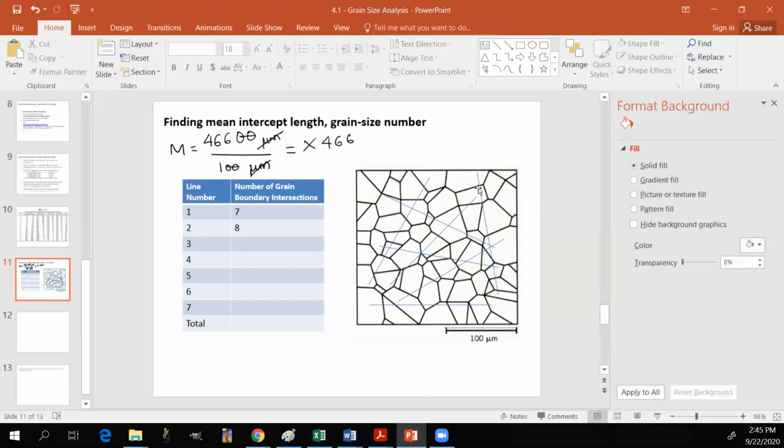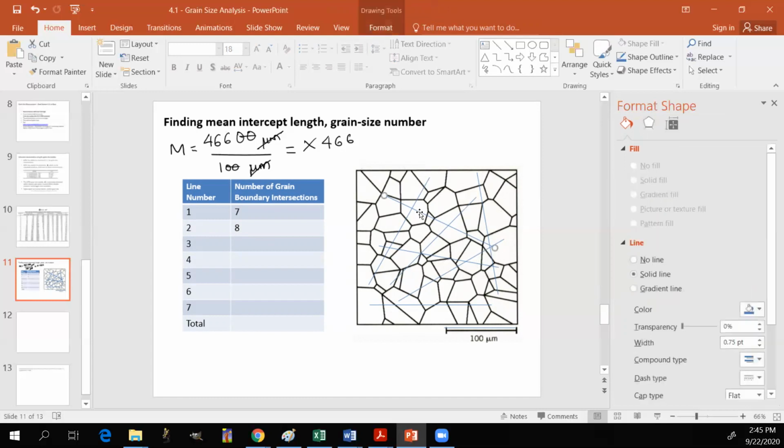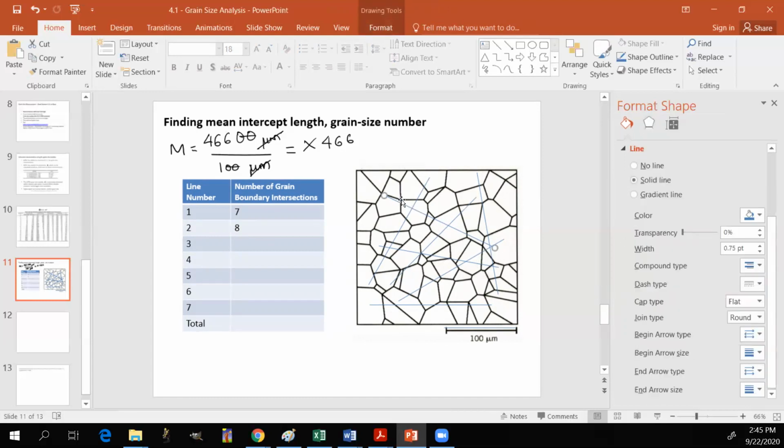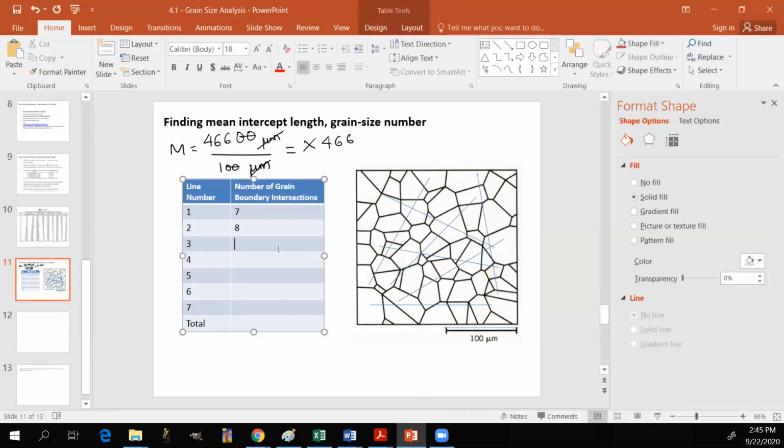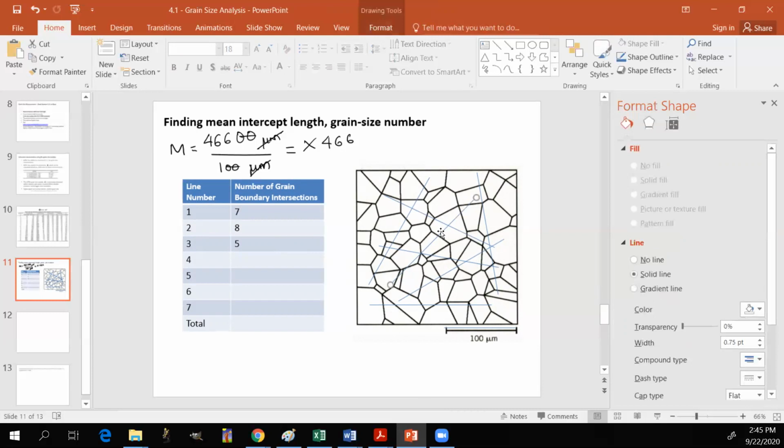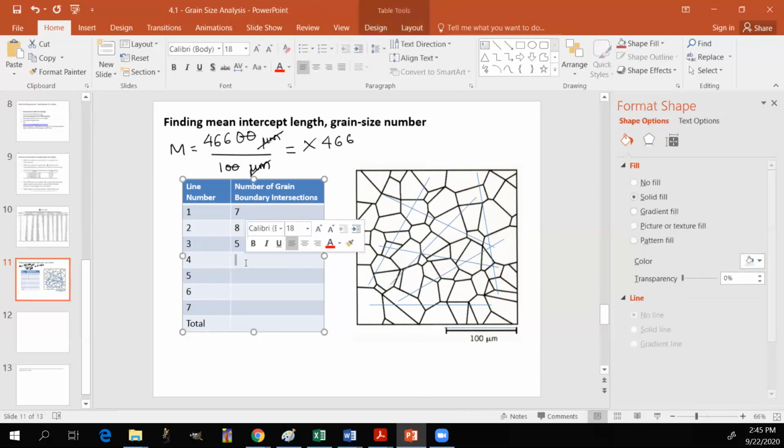All right. So I've done this line and that line. Then we go to this guy here. That guy has 1, 2, 3, 4, 5. Okay, so 1, 2, 3 is done. Let's go with this guy. This guy has 1, 2, 3, 4, 5, 6, 7. So this guy has 7. Okay, so then 1, 2, 3, 4.